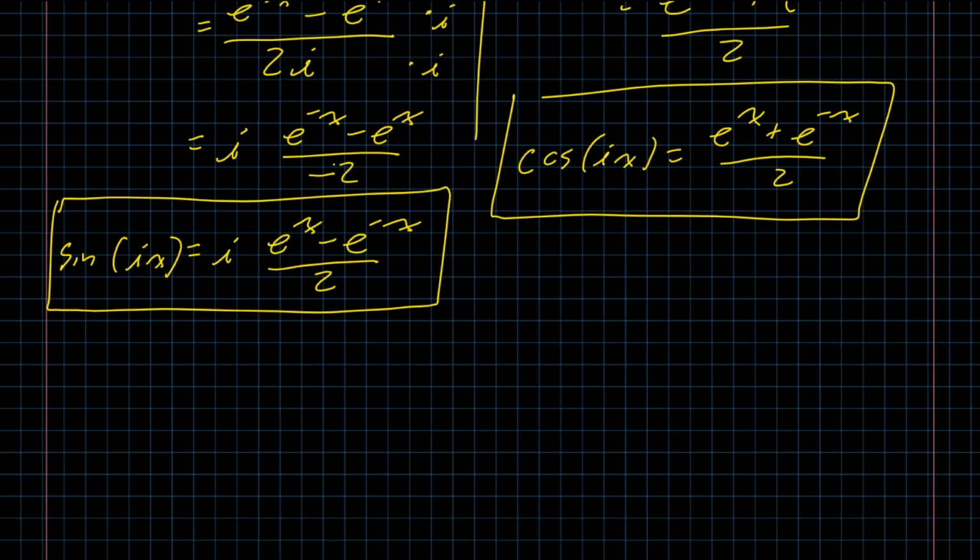These two expressions turn out to be useful in a number of places, some of which are kind of surprising. And so we're going to define what are called the hyperbolic functions.